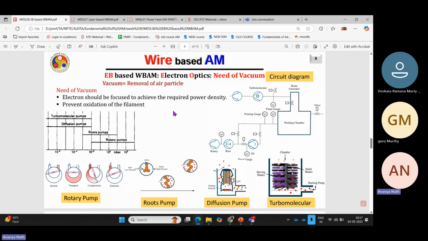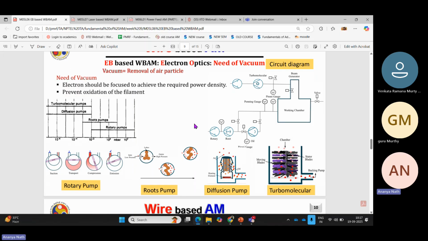First of all, the vacuum is important because, as I said, electrons are very lightweight particles coming at a high speed. If there are air particles, they may interact with the electrons from the source itself, and the electrons can get deviated from their original path. So the vacuum needs to be there.